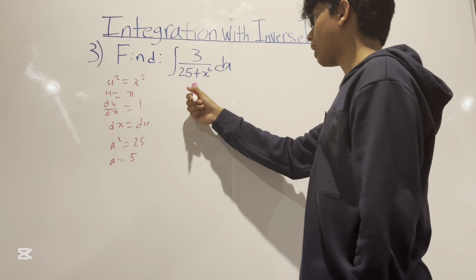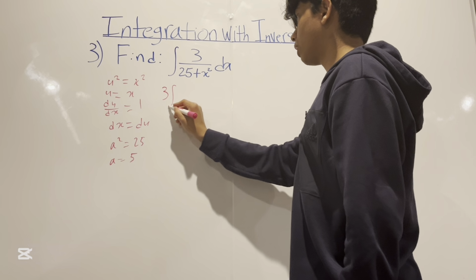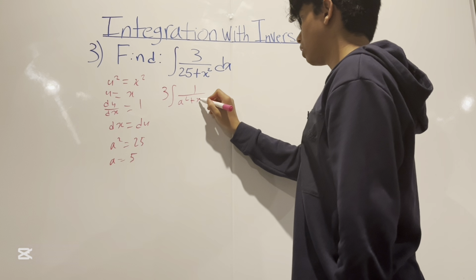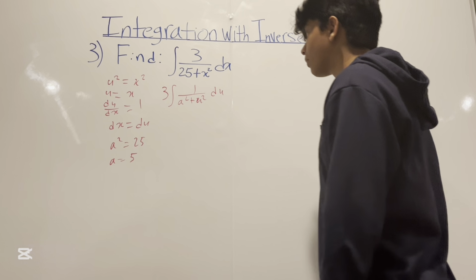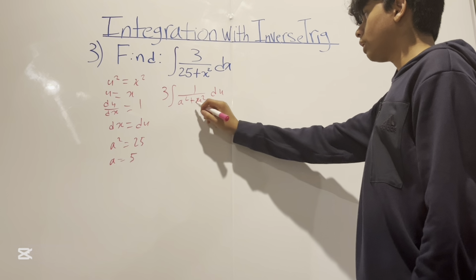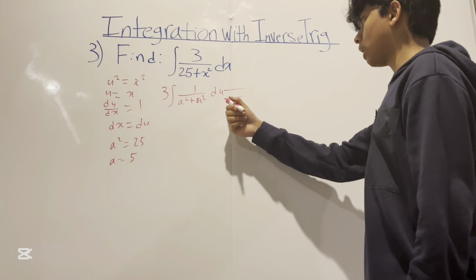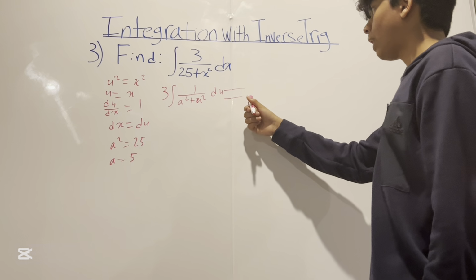Now we can plug everything back in, but first let's take 3 out. So 3 integral 1 over a squared plus u squared, and dx is just du, so nothing changed there as well. So this is already in the format, so we can just set an equal sign, but since this is arctan, this is going to be divided by a.